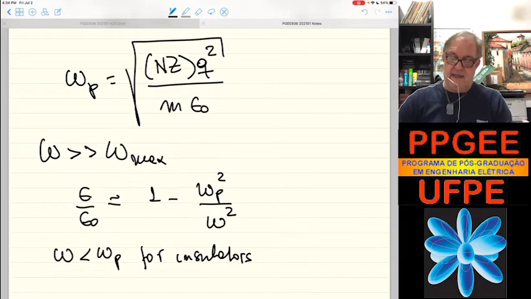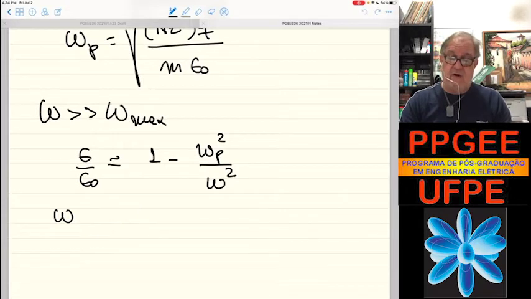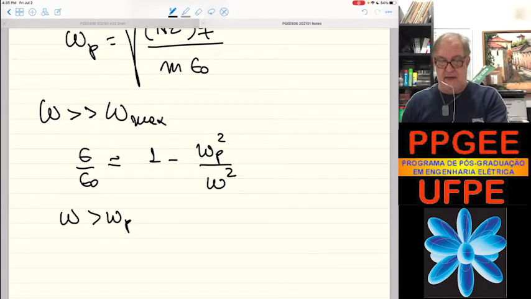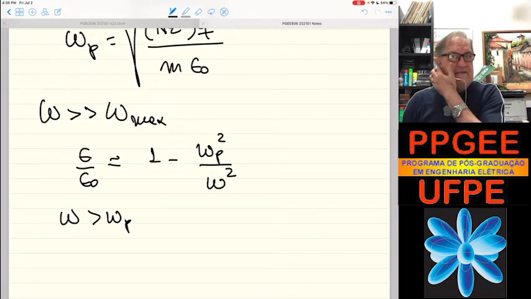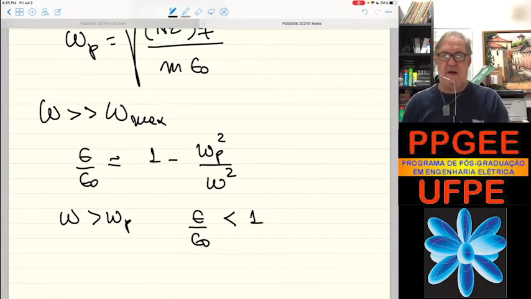In fact, it's not smaller, I'm sorry. This is valid for omega very high, so omega has to be larger than omega p in this model that we're talking about here, okay? In that regime, it means that epsilon divided by epsilon 0 is smaller than 1 for very high frequencies.